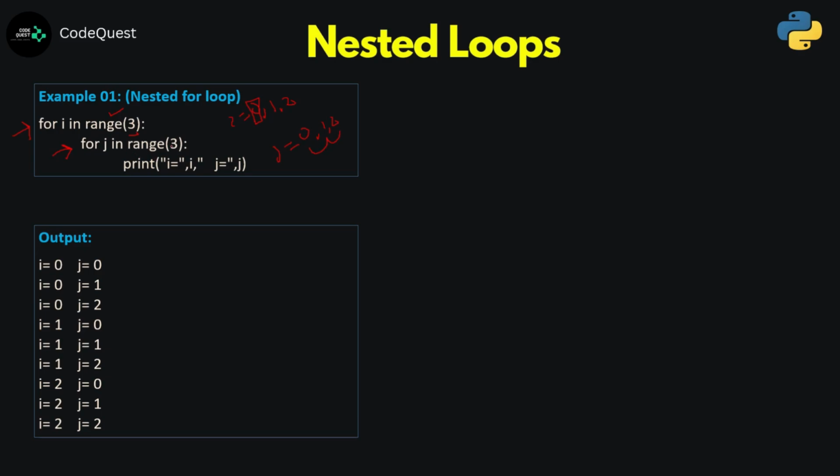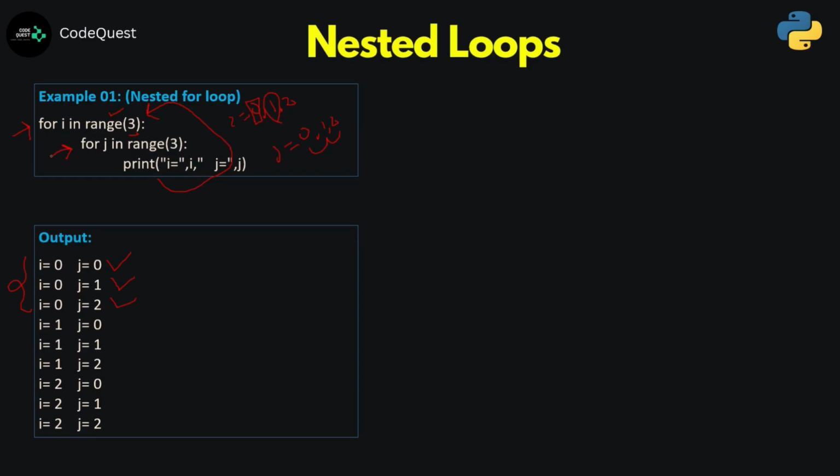Because this range produces 3 values, 0, 1, 2, the j value will be 0, 1 and 2 for i value 0. You can see here for i value 0, j has become 0, 1 and 2. Once this j loop has completed, we go back to the outer loop where the i value changes to the next value, that is 1.